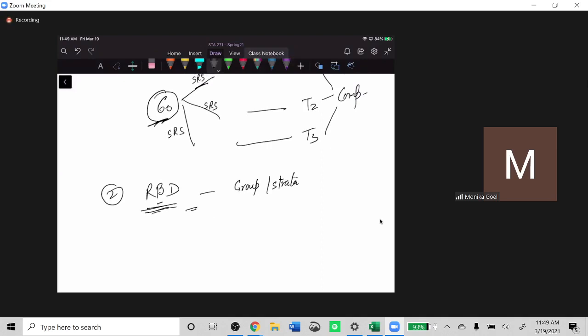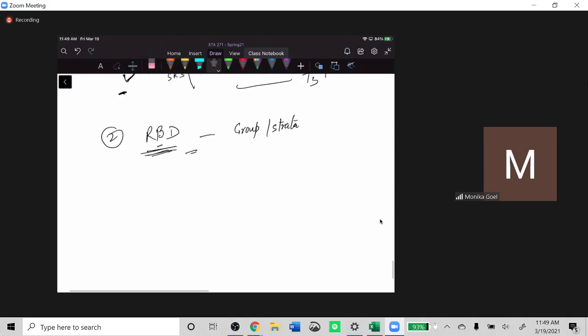So randomized block design is like you do completely randomized design, but before doing that, you make blocks. So let's say I have 2 blocks. One is, let's say, male and female. And then I have 3 treatments. So I'm doing 1, 2, 3. Treatment 1, treatment 2, treatment 3. And then I compare.